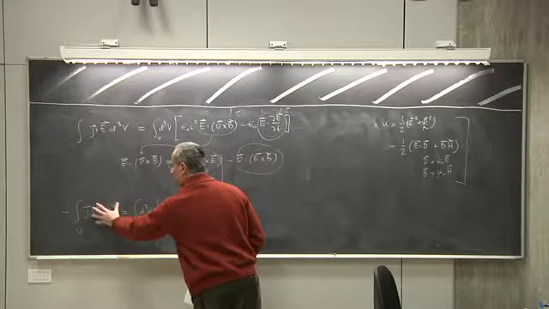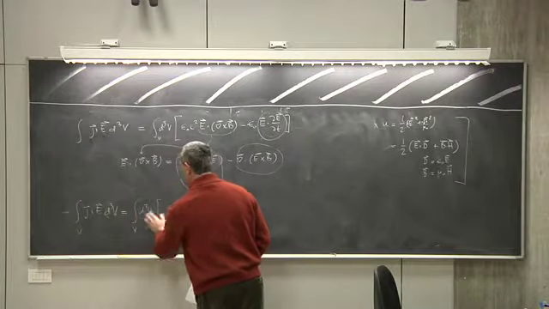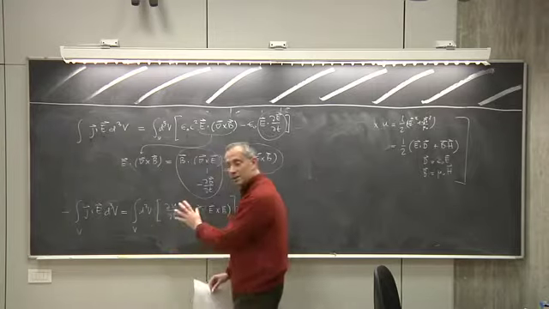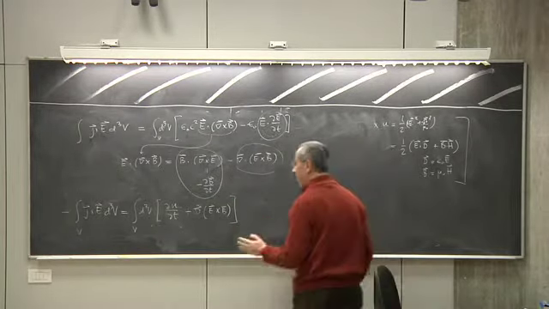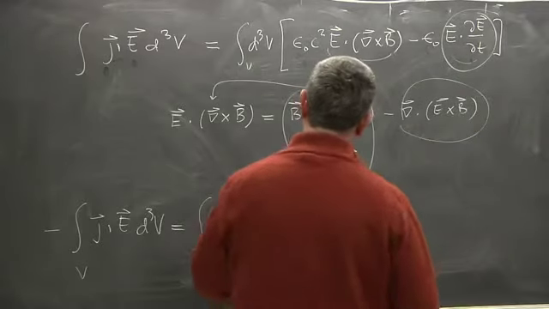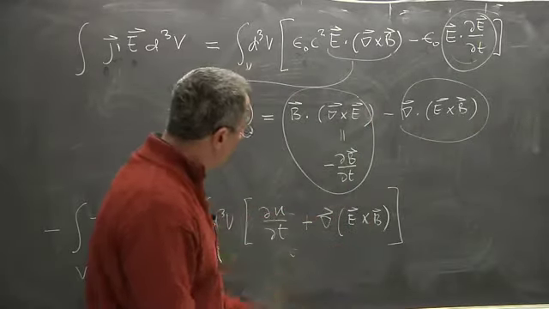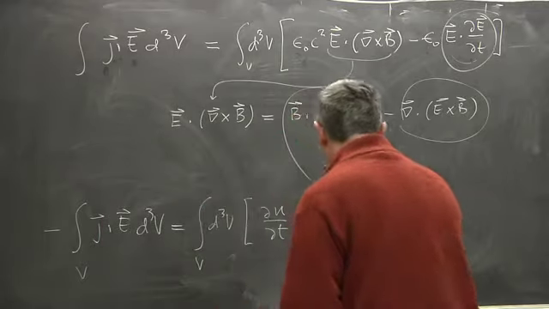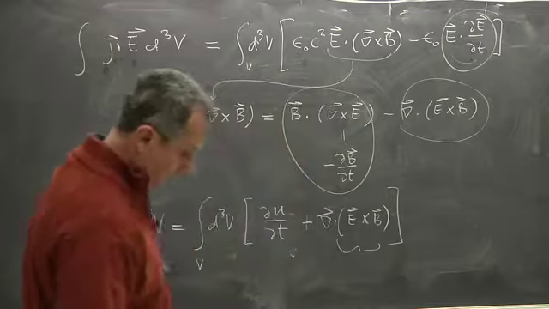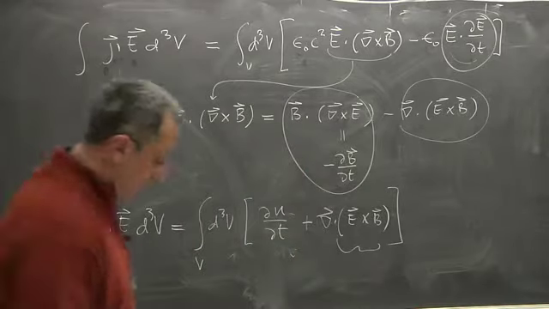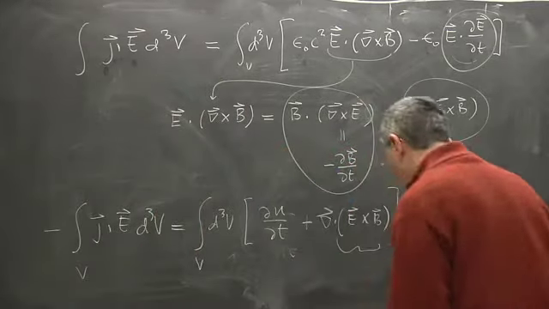The change in energy inside this volume is the change in the energy density of your field. That is exactly what you expect. But you have also a flux, the flux of this vector here, and this vector is called S.